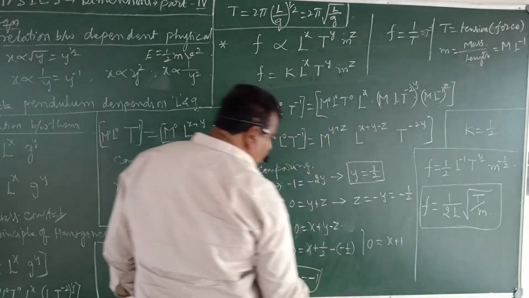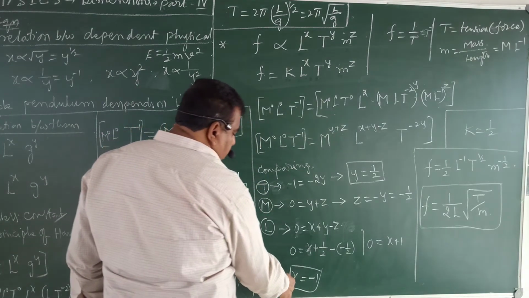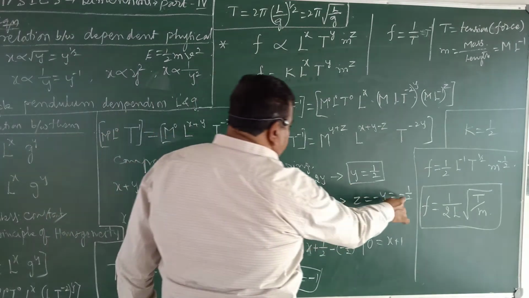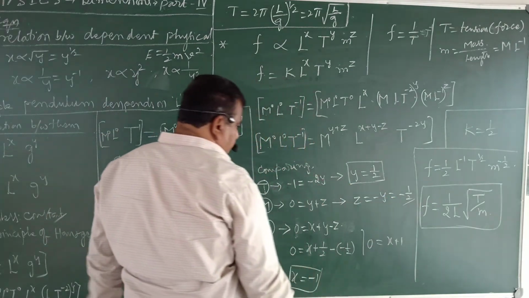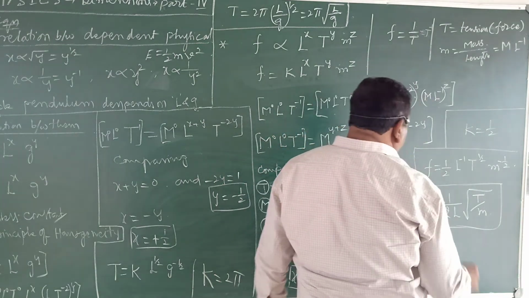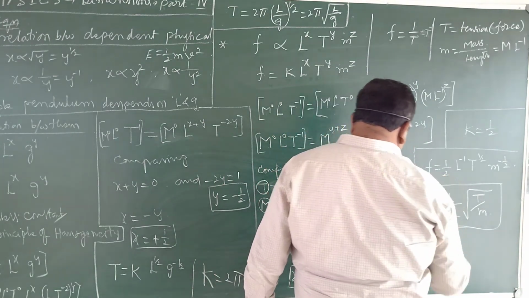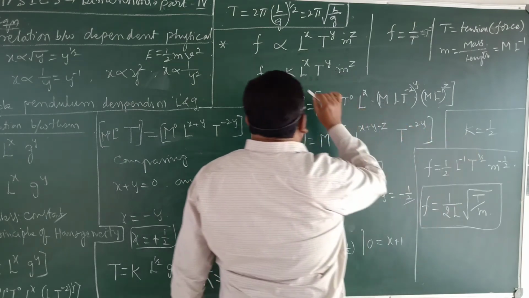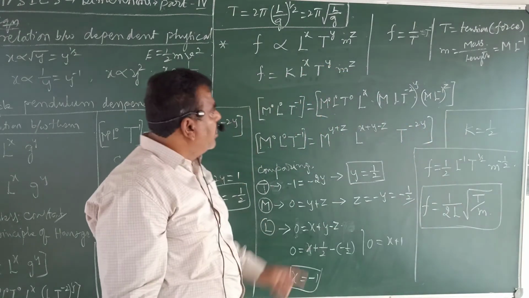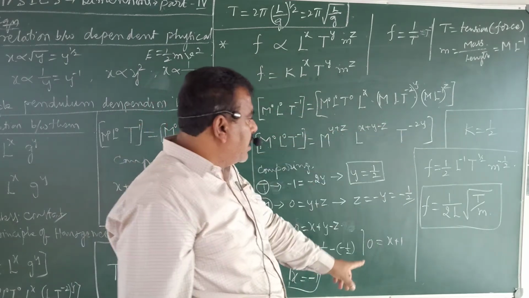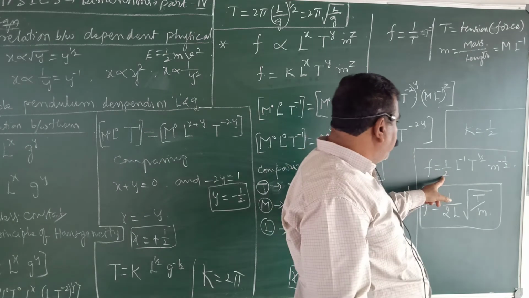If I take this to the left hand side, x equals minus 1. Knowing all three values of x, y and z, I substitute them. The k value by experiment again is found to be half.